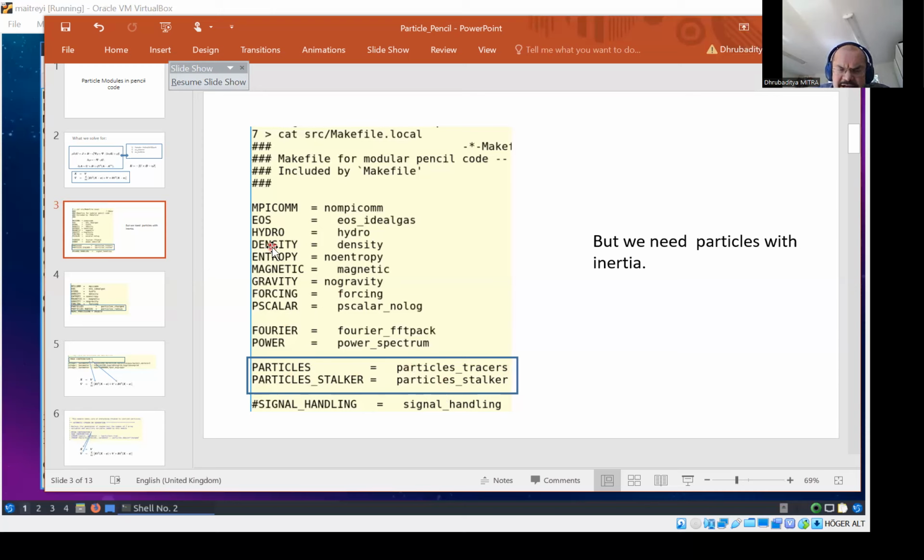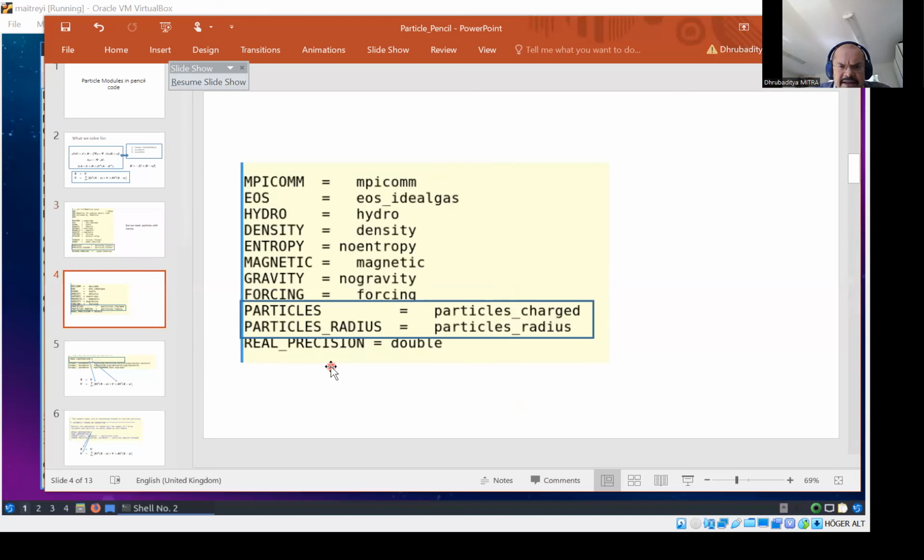These are basically Lagrangian particles such that their velocity is the flow velocity at that point. Okay. So in that case, you don't have 2 equations for every particle. You have 1 equation for every particle. So if you want to run tracer particles, it is simple. Just do it this way. Okay. In this case, we are using particles equal to particles_charged and particle radius equal to particles_radius, and I will return back to that.